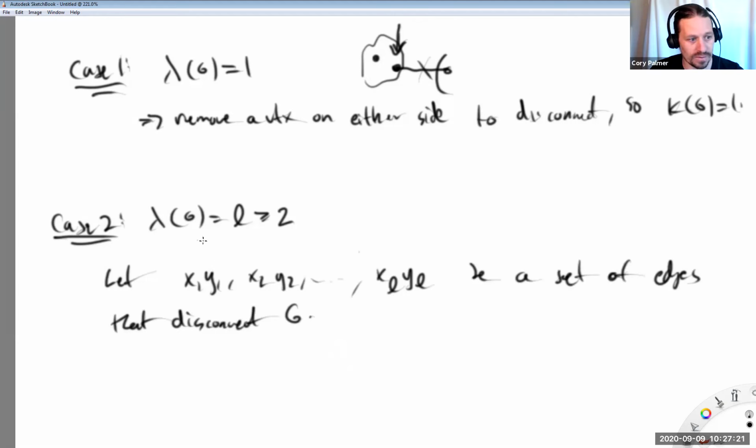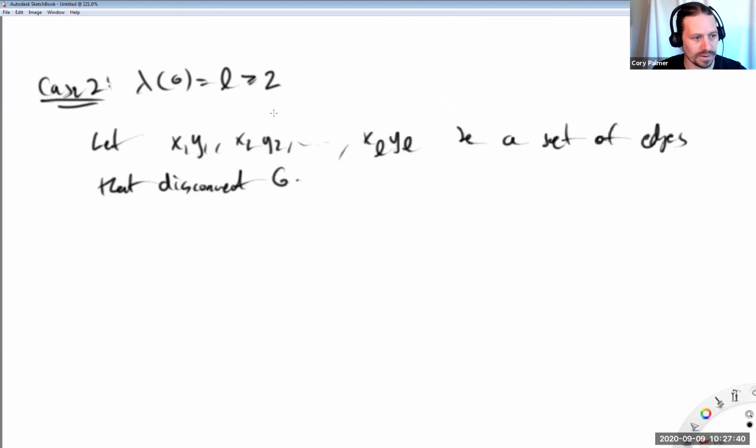I mean, lambda of G is equal to L, so the smallest size set of edges that disconnect, there's L many of those. I can't disconnect it with fewer. Okay, so let's look at these, and I want to employ the strategy I used up here, and let's see if we can. Okay, so let's look at these edges here. They look like this.